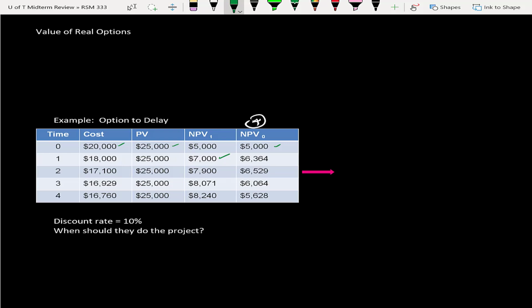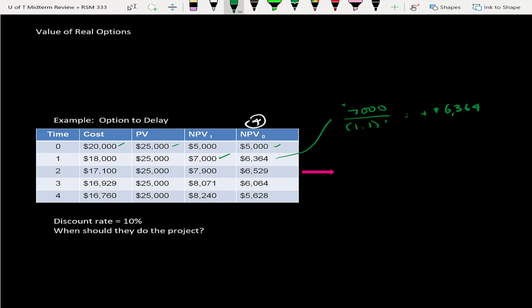So if we convert that into year 0, what's the value of 7,000 a year from today? It's going to be $7,000 divided by 1.1 to the power of 1. Okay, so it'll be 6,364. So you would wait a year because it went up from 5,000 to 6,364.